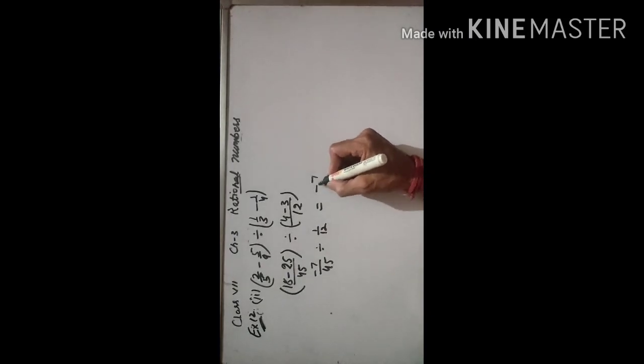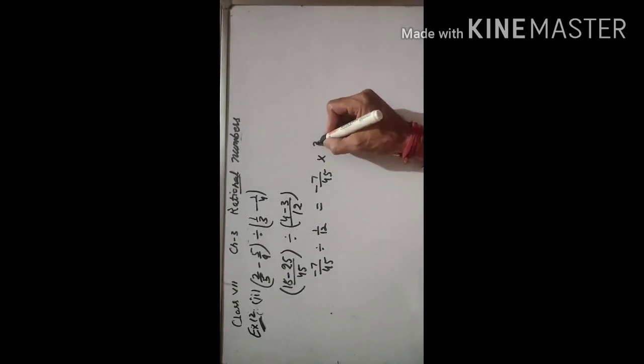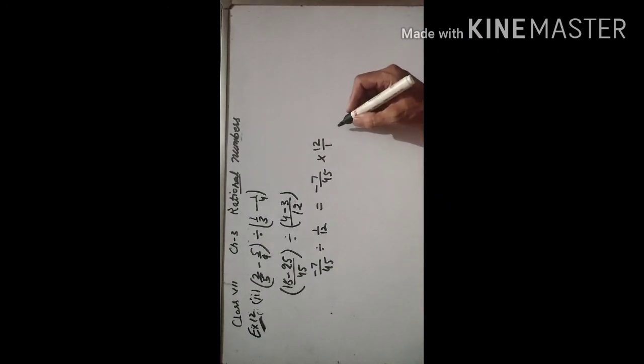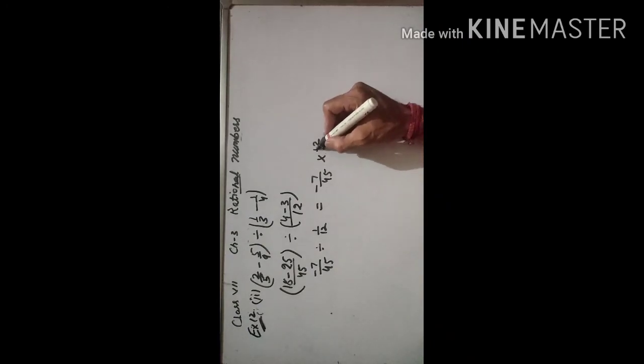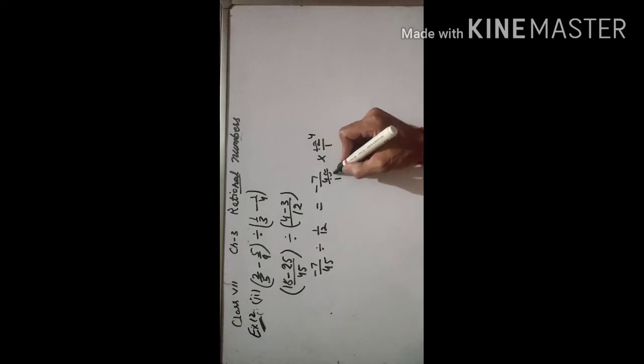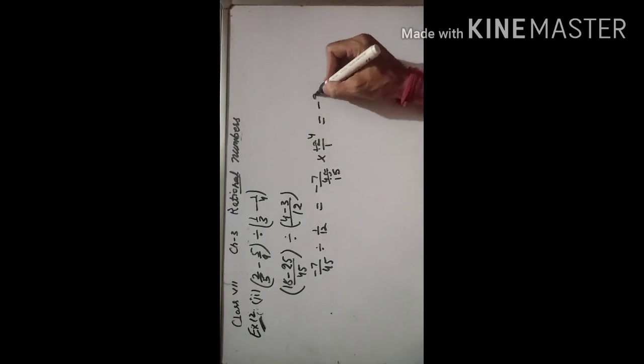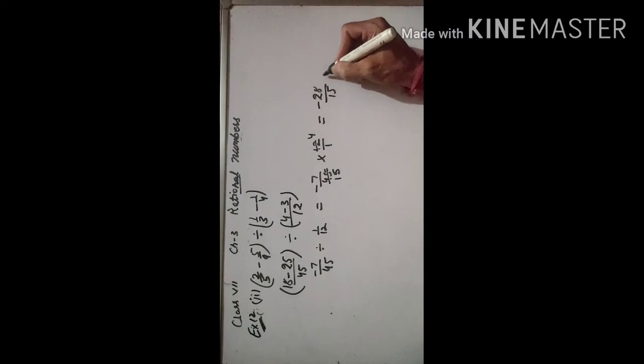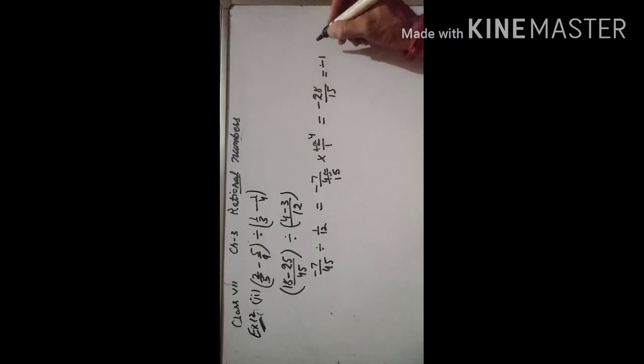That is further equal to minus 7 by 45 into 12 by 1. Now 3 fours are 12, 3 ones are 3, 3 fives are 15, minus 28 by 15, that is minus 1 13 by 15. Thank you.